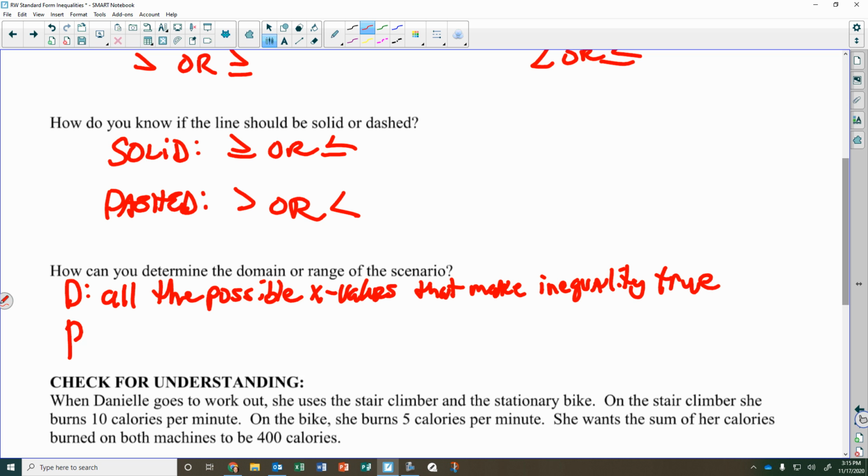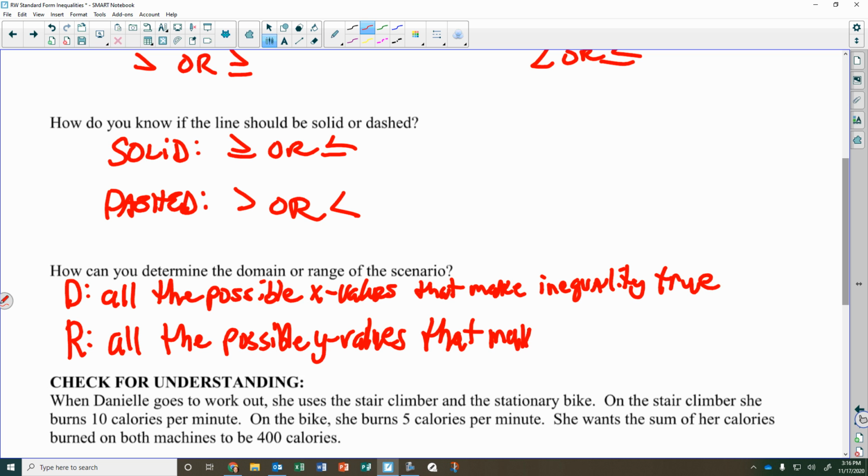And then the range is all the possible y values that make the inequality true.